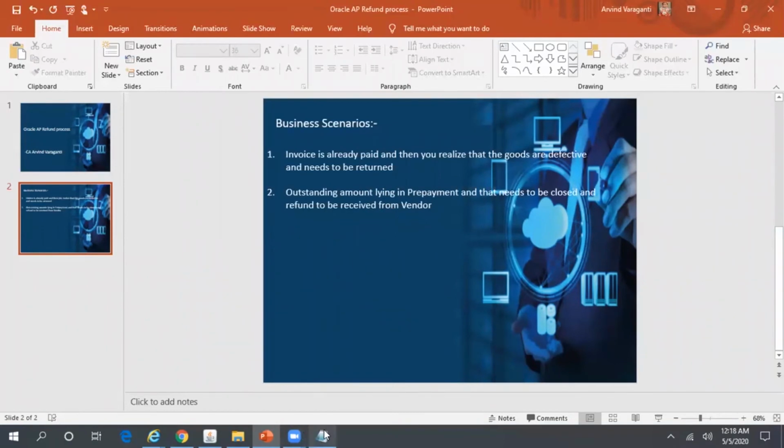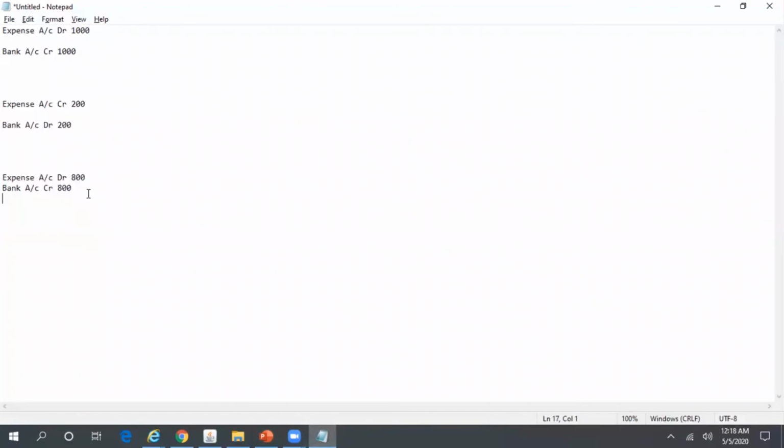So from an accounting entries perspective, when you have created a prepayment, the journal entry would have been advance account debit, say $200, and your liability account credit $200.